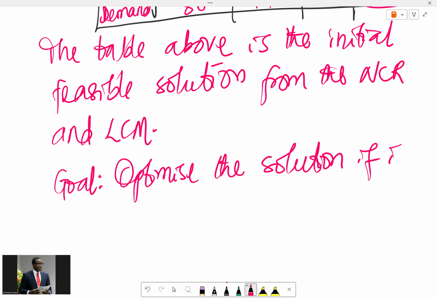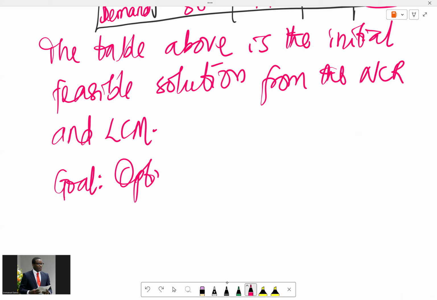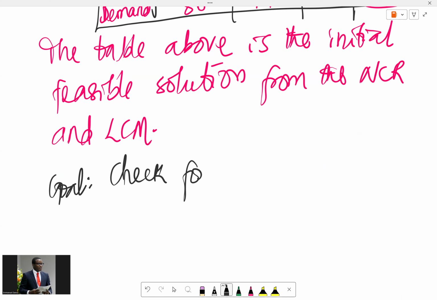Maybe let me state it in a better way. Our goal is to check for optimality. I think this is a better way to go. Check for optimality. That's the first goal.